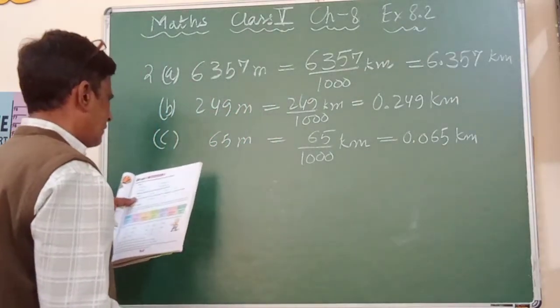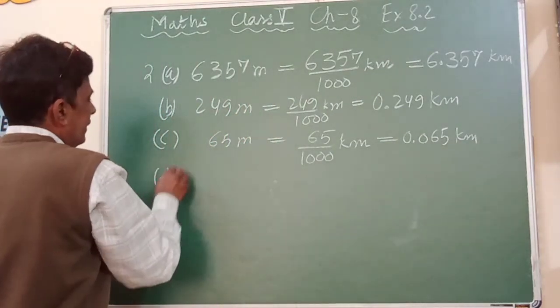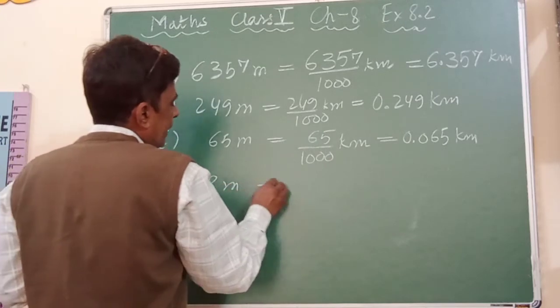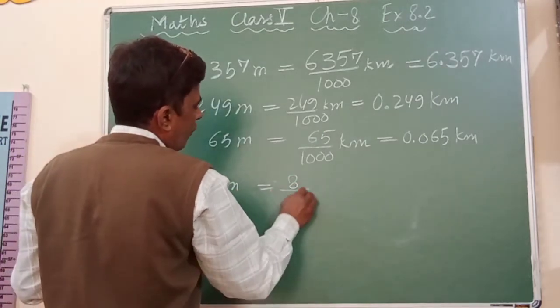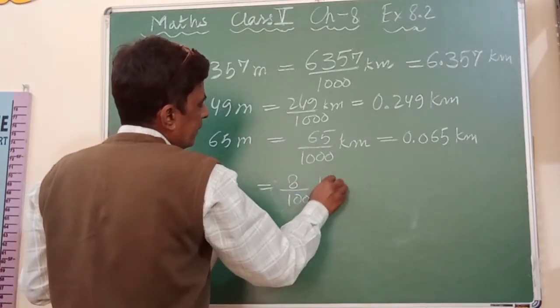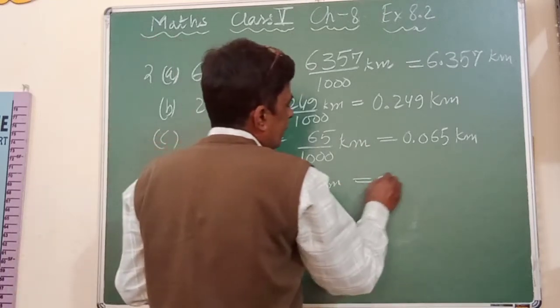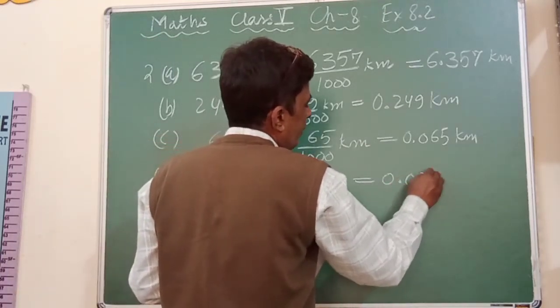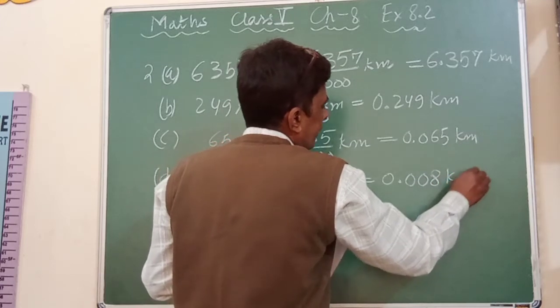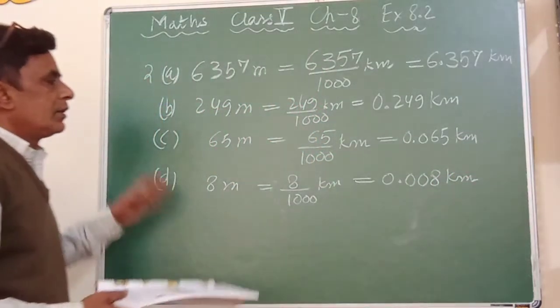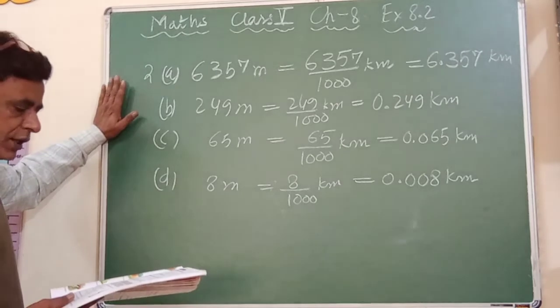And the last part, d, is 8 meter is equal to 8 upon 1000 kilometer is equal to 0.008 kilometer.